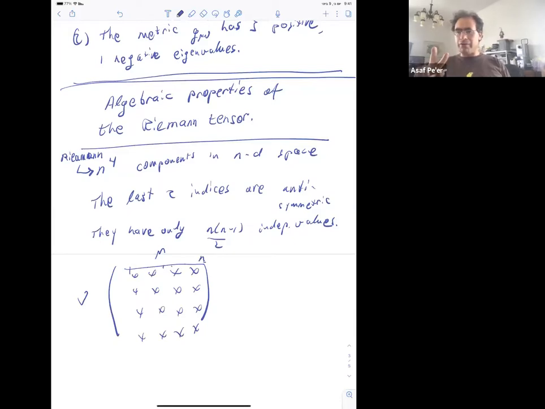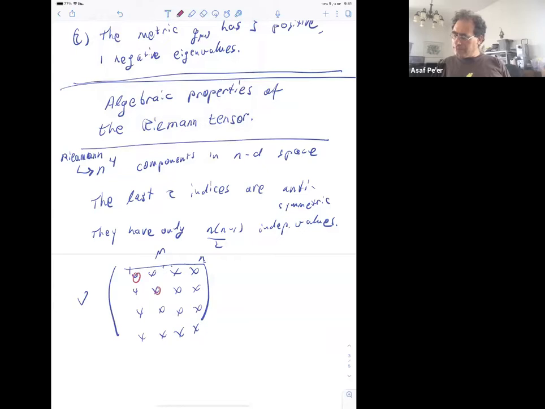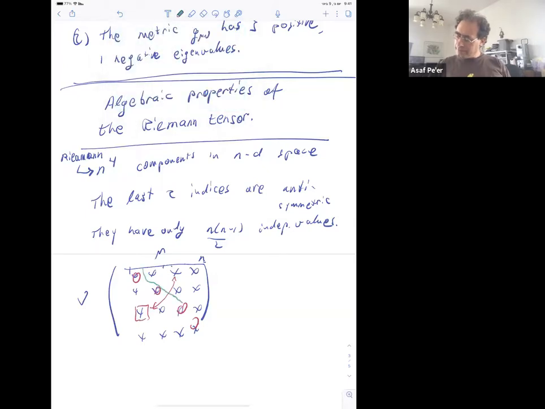So if I have mu nu, then nu mu needs to be the opposite. So this means that these ones need to be 0, and that this guy here is exactly the opposite of this guy here, right? So only these ones are independent.